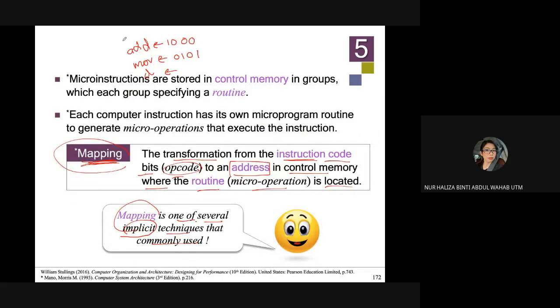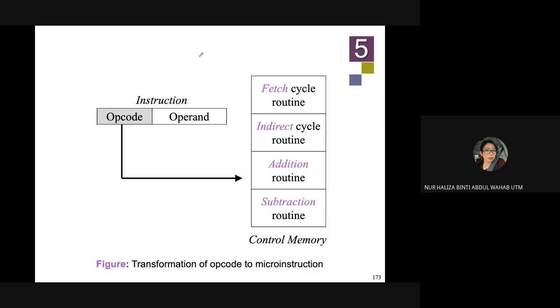So you can see that you will normally use your mapping. For the phase cycle routine, you have, for example, add EAX, 10.